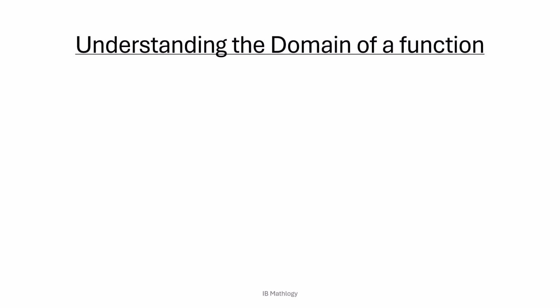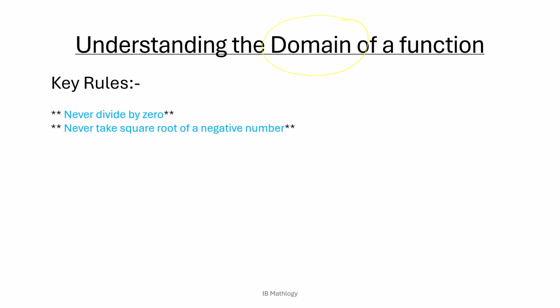Now let's move on to understanding the domain of the function. The first and most important thing is what exactly the domain is. We have to understand this word properly. The key rule for finding the domain of any function is never divide by 0 and never take the square root of a negative number, because to find the domain of a function, your function should be real.